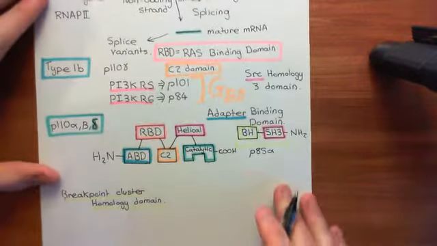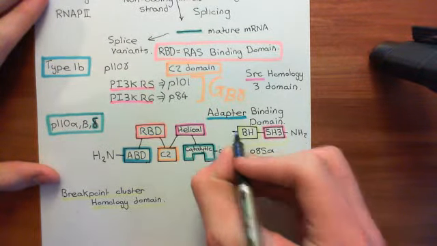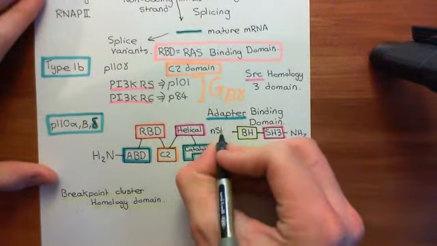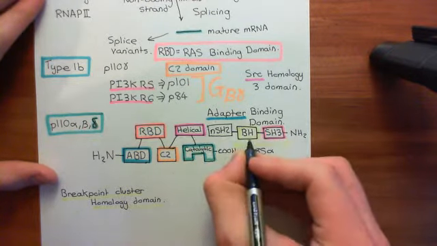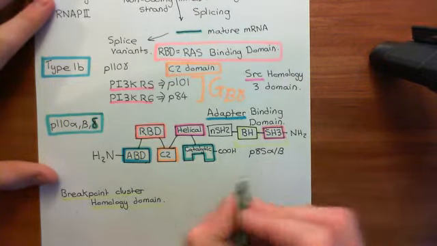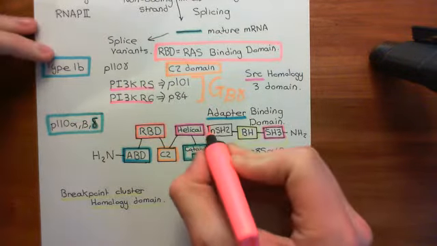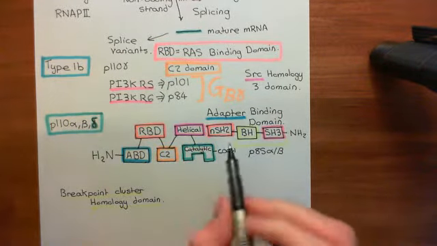So for the shorter ones, the amino terminus would start here, and the first domain you would have in those shorter ones would be a domain known as the N-terminal SH2 domain. But you have this domain after the breakpoint cluster homology domain if we're talking about one of these bigger P85 alpha or P85 beta proteins. Right, so let's colour in the SH2 domain in, I think we'll have red. This again is another one of these Src homology domains, and this is going to be really important.